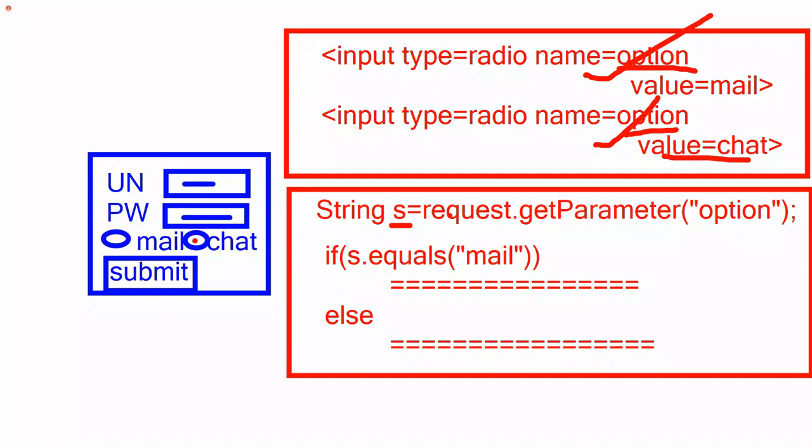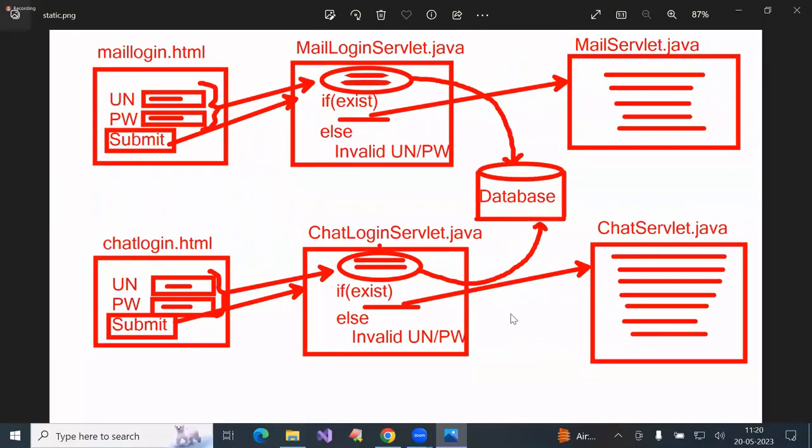Here mail is there, chat is there; in future one more comes, one more radio button you have to attach, one more input tag you have to write here, and an else if here. But instead of this, we can go for dynamic dispatching with filters. That is the purpose of filters. How to solve this problem with filters, I'll explain.